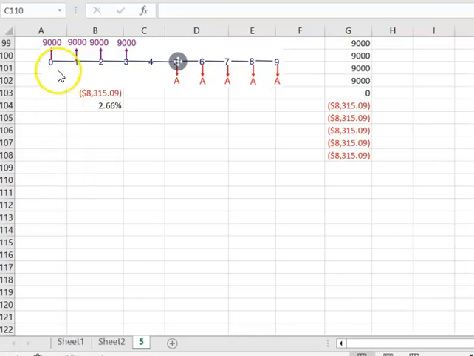Okay, the answer here. When we want to calculate this A, I'm not gonna overcomplicate it for myself. $9,000 here.